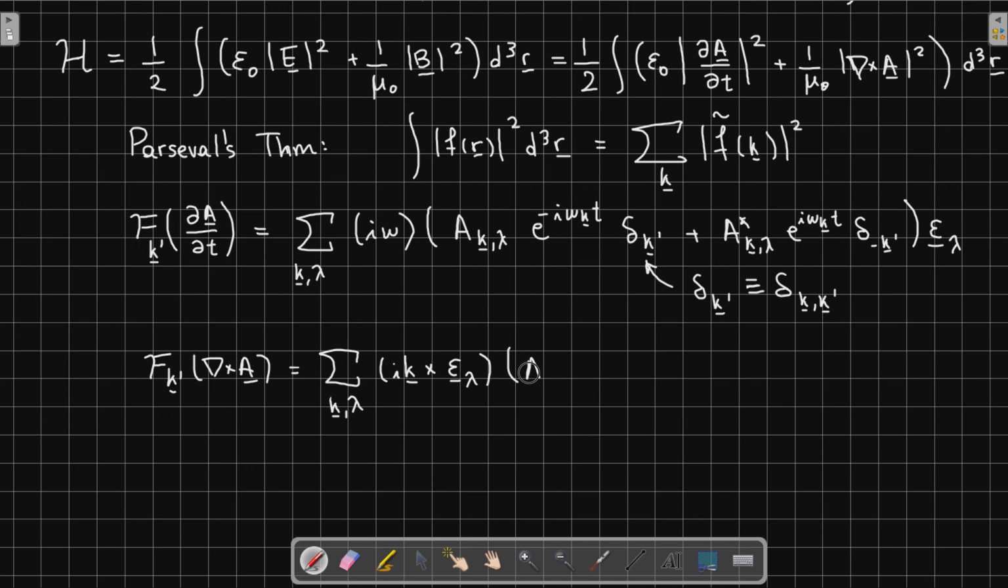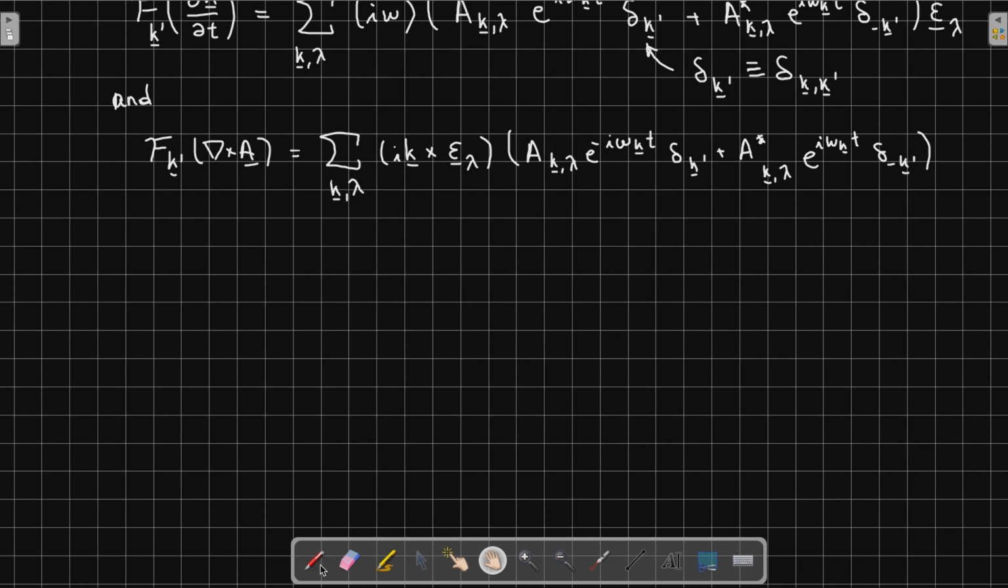And then the same thing, exactly the same thing. Okay. So these are the two Fourier transforms, and now we're actually ready to calculate integrals.